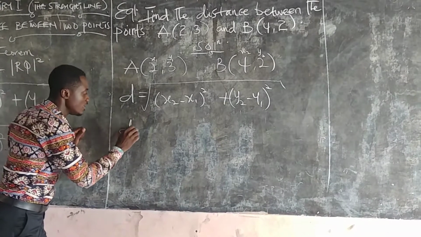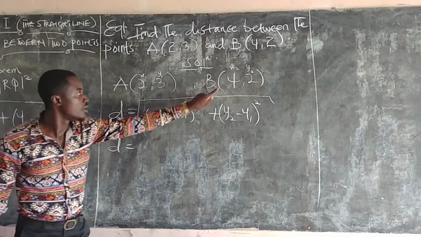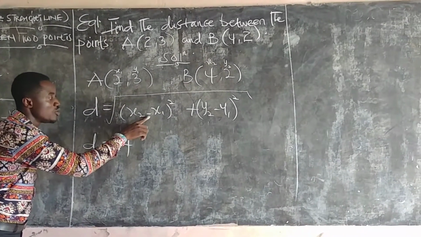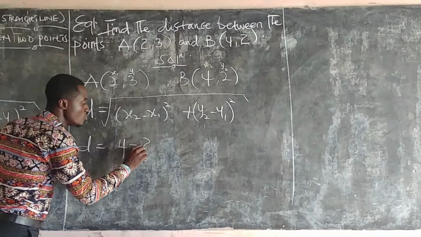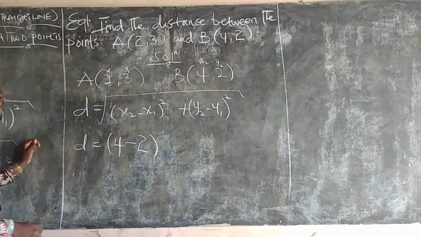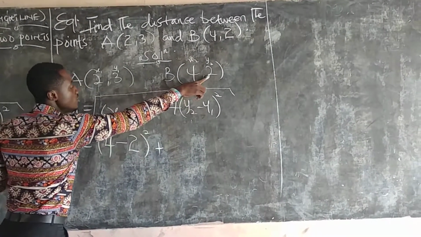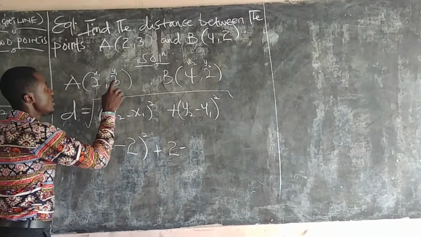So our D will be equal to, what is x2? x2 is 4. So you write 4. You bring the operation sign, minus x1, 2. Then you bring the square, plus y2, which is 2. So write 2. Minus y1, which is 3.